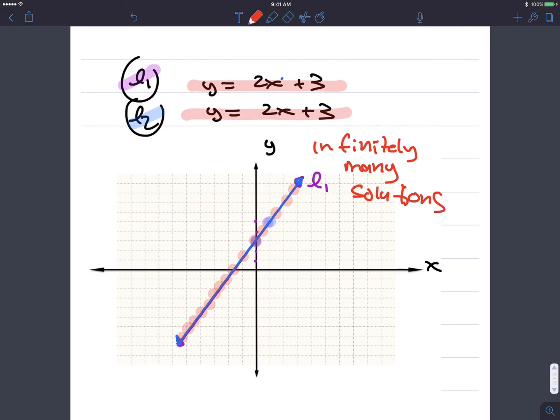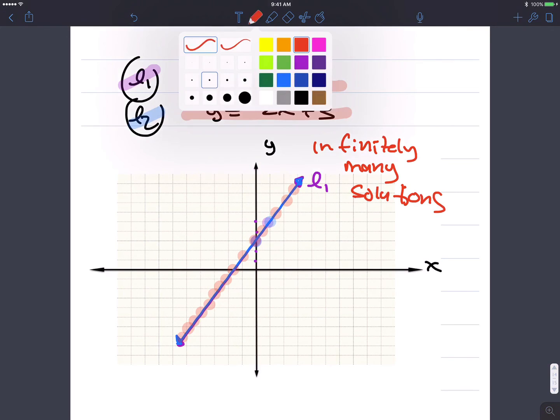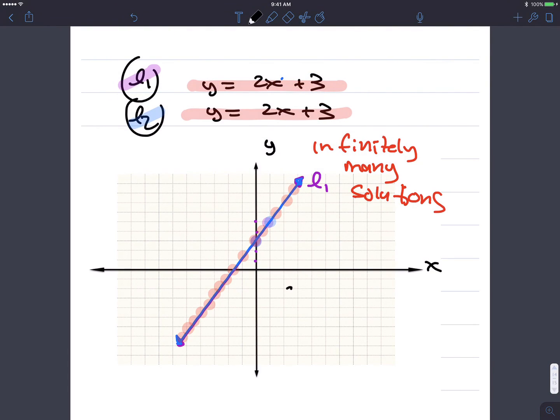Infinitely many. And very often textbooks will describe this scenario in set notation, and actually it's really not the set of all x anymore, it's the set of all ordered pairs or points xy such that y equals 2x plus 3.